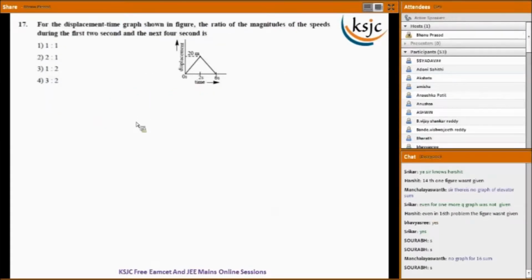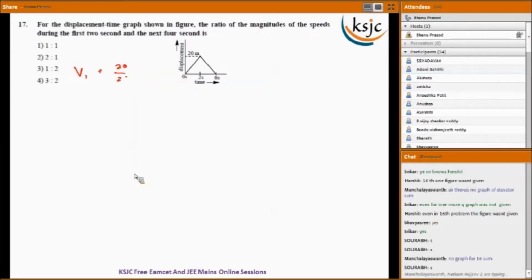Next, for the displacement-time graph shown in the figure, the ratio of the magnitudes of the speeds during the first 2 seconds and the next 4 seconds. Calculate the slope of the displacement-time graph, that will give you velocity. So the first case is v1 equals 20 by 2.